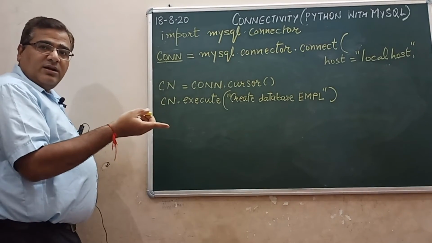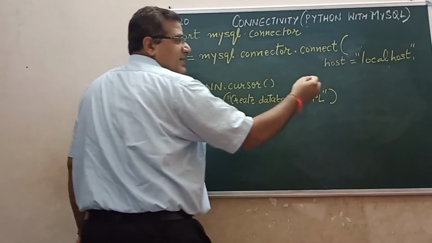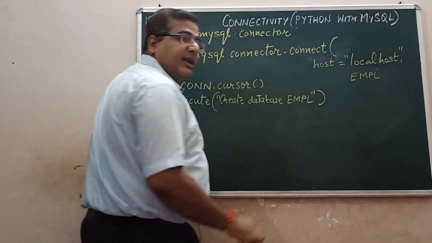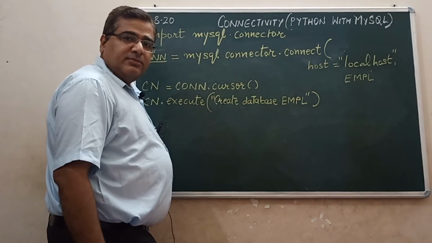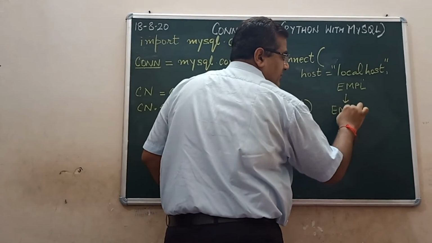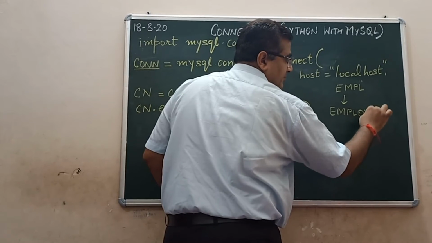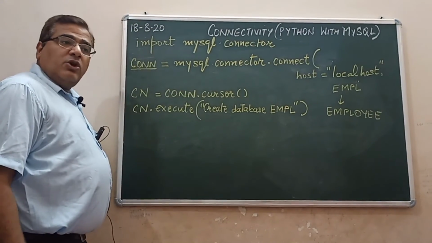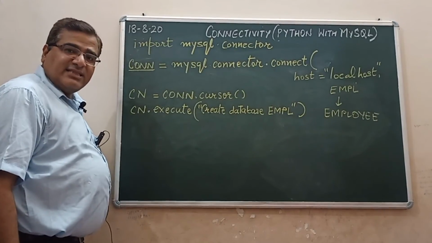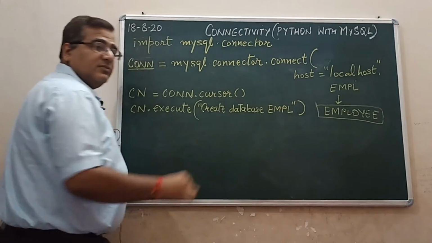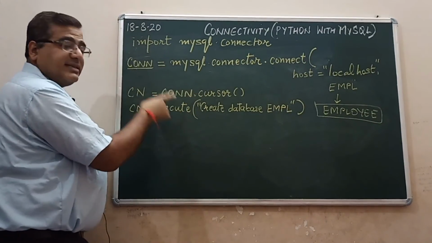Now further, suppose in this database EMPL, you have already created one table. That table has the name employee. You can access the records of this table from the execute function.